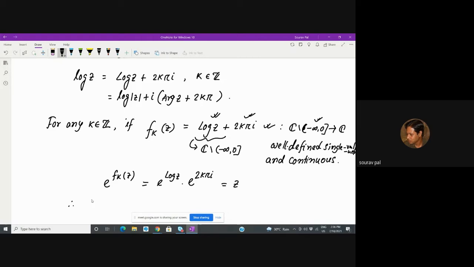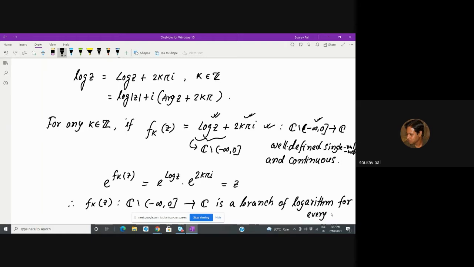So therefore this f_k(z) from C minus this half line is a branch of logarithm for every k. Okay.